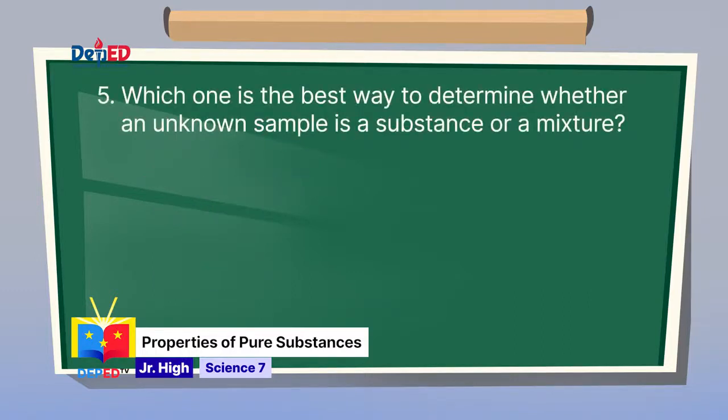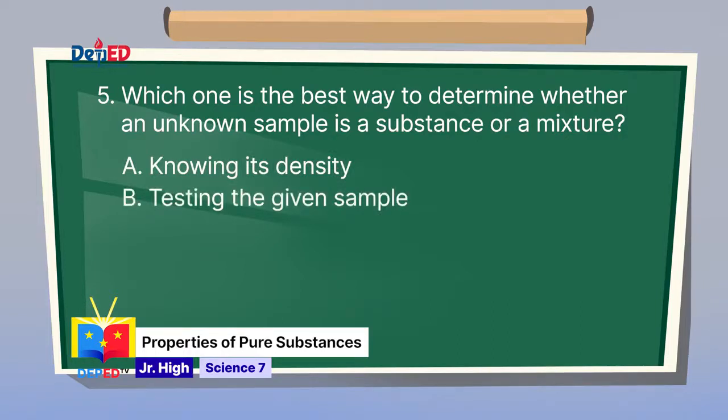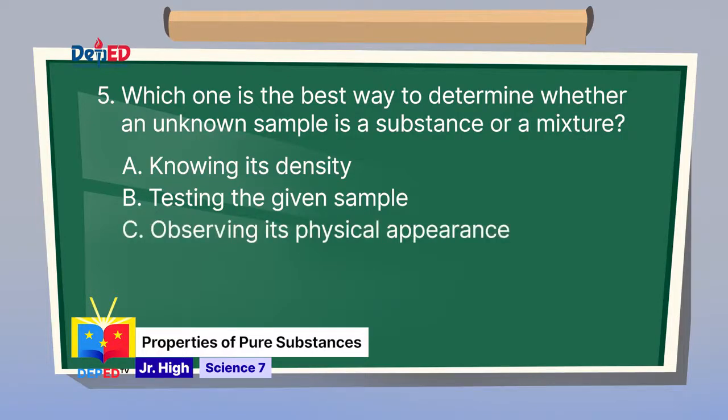Number 5. Which one is the best way to determine whether an unknown sample is substance or a mixture? A. Knowing its density. B. Testing the given sample. C. Observing its physical appearance.